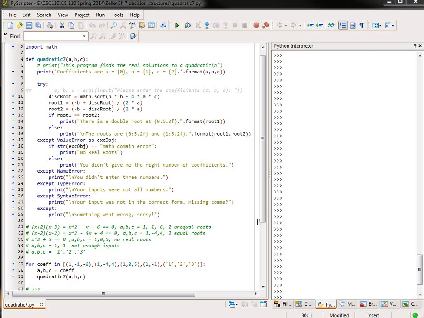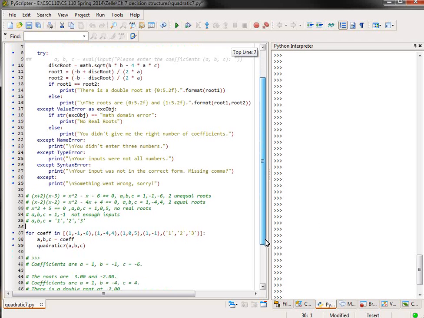And so what I have here is a simple loop where I go through and do 1, 2, 3, 4, 5 different assignments to a, b, and c. If you look here, there's a list. I'm traversing the list. Each element of the list is a tuple.